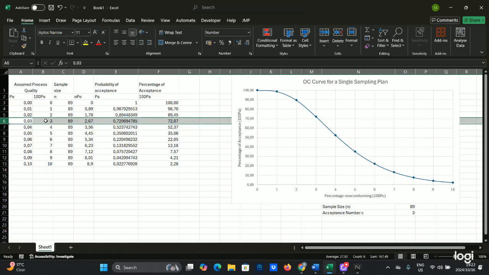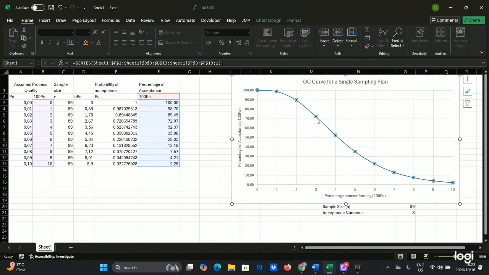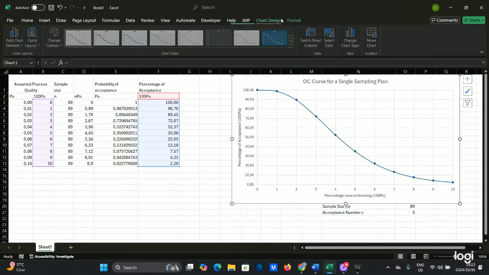As I said, since this is cumulative, your probability of acceptance for this lot is going to be given by 72%, which, if you extrapolate from here, corresponds with this point, which you can get from your graph. You can just get it by clicking on your graph.